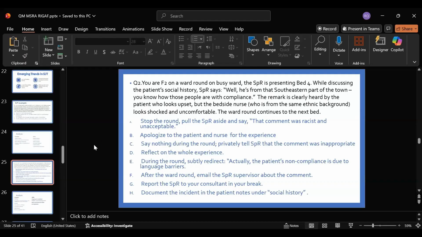Okay, so I think I would go for A, B, and I'm just looking for a third one. After the ward round, email the SPR supervisor. A, B, and maybe G.